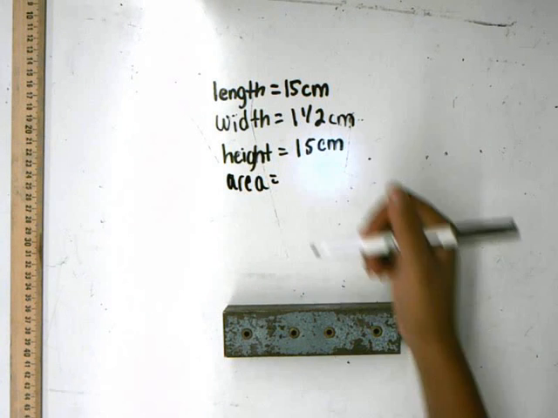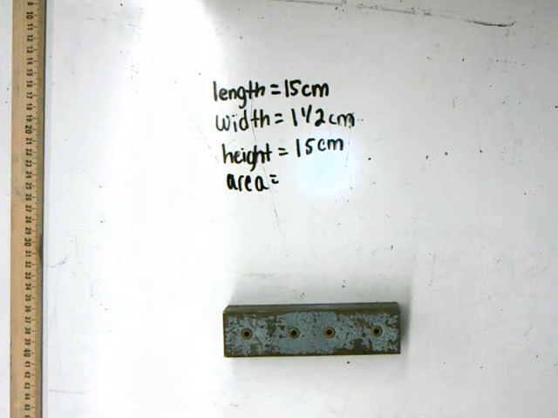So when estimating the area of an object, you have one of two ways you can approach this.